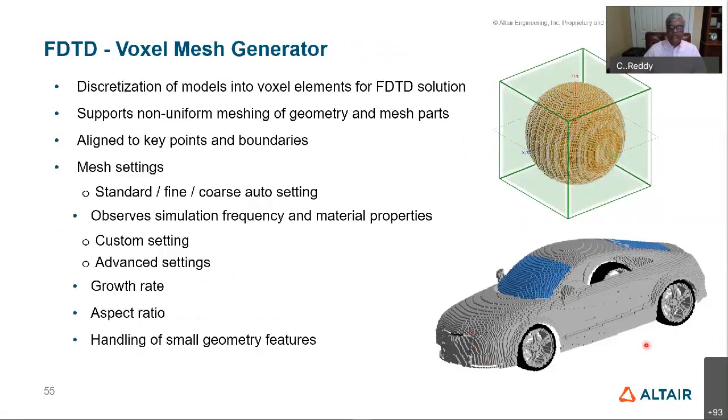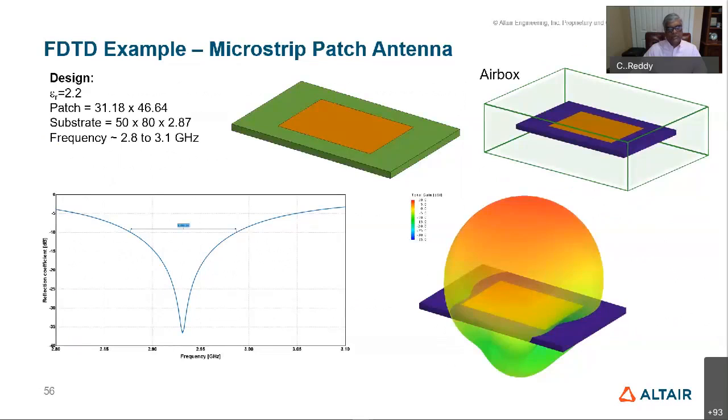That's something to keep in mind in applying FDTD. So, the same way as we applied FEM, you can also solve typical patch antenna type of problems with FDTD, and you can also see that it needs an air box like any volumetric method.